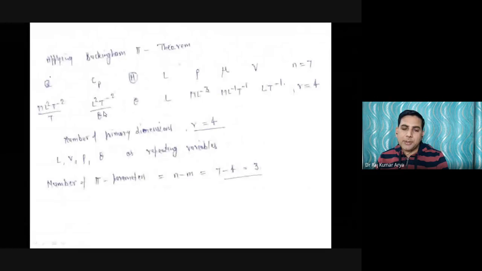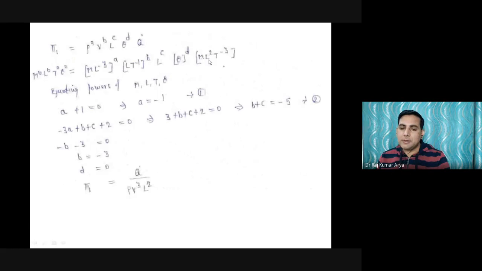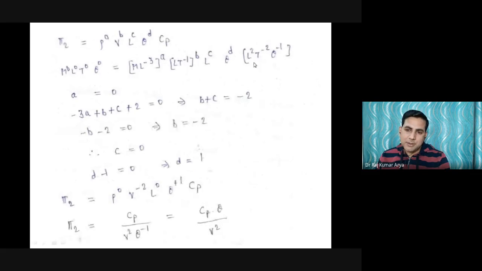Here M is also there, mass, heat capacity. Okay. So I have mass also at this particular place, and here you get L square T minus 2 and theta minus 1, Cp. Specific heat.